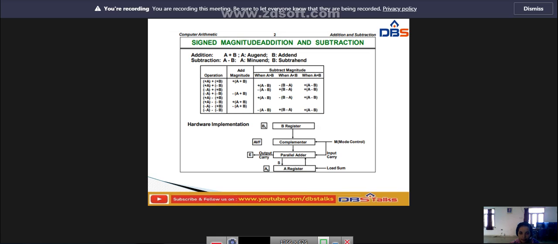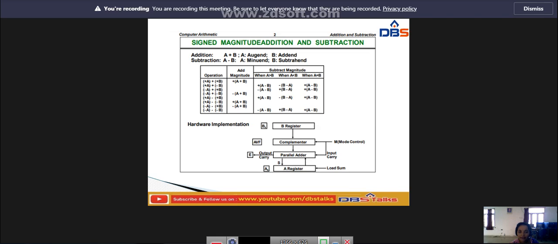In the first column of the table are the operations. First we provide the plus: plus a plus b. Before the a I provide the plus, between a and b I provide the plus, and in front of the b also the plus. So this is plus of a plus b, add magnitude. After adding, the plus is common to both a plus b.